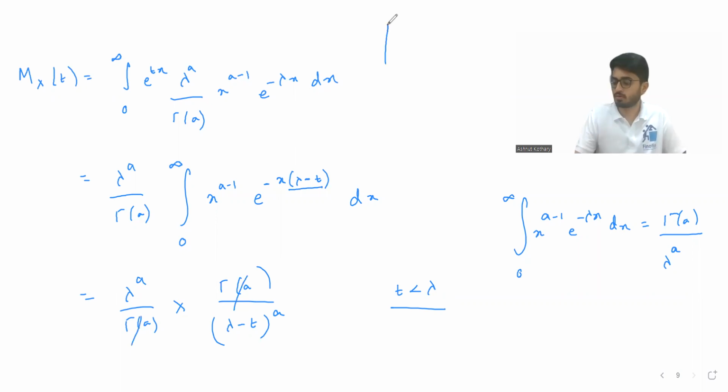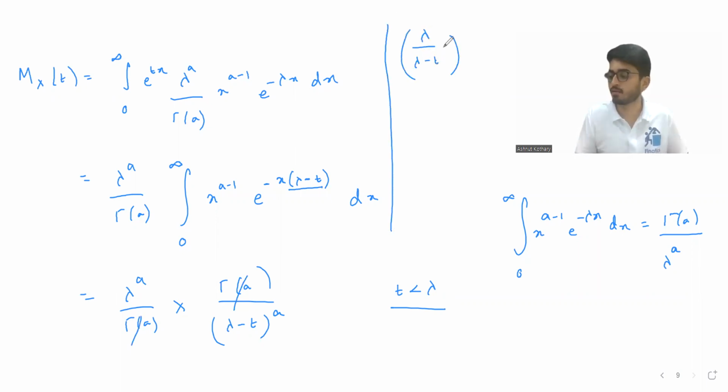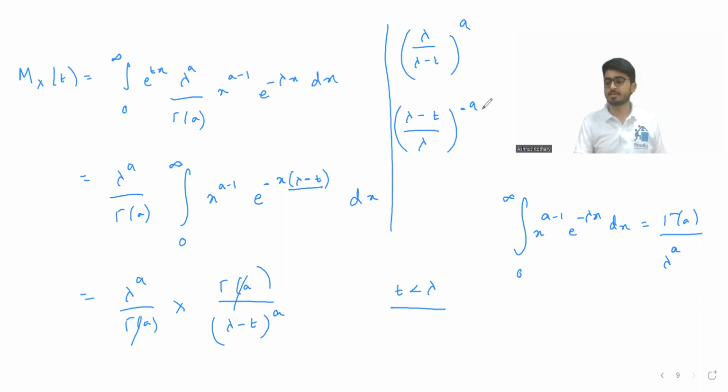Gamma a cancels out. What we're left with is lambda by lambda minus t to the power alpha. And we can also write this as lambda minus t by lambda to the power minus alpha. We can write a by b as b by a to the power minus 1.